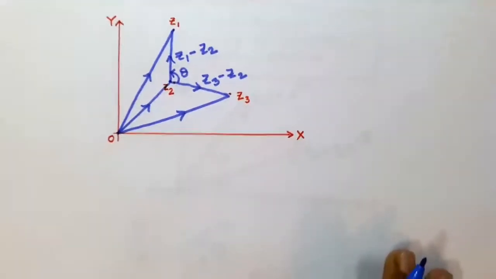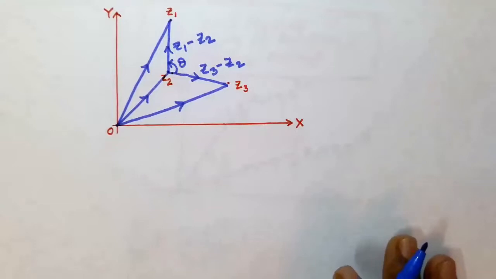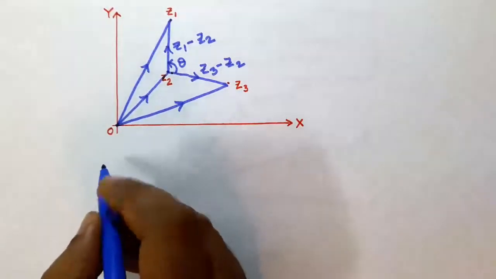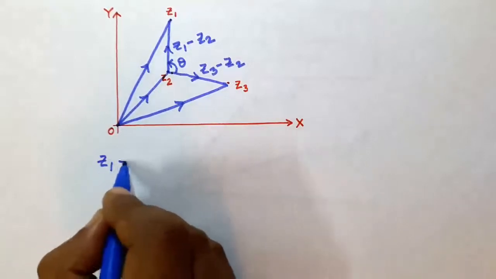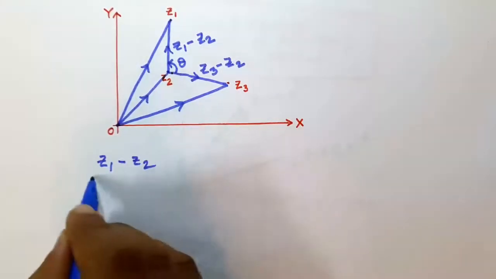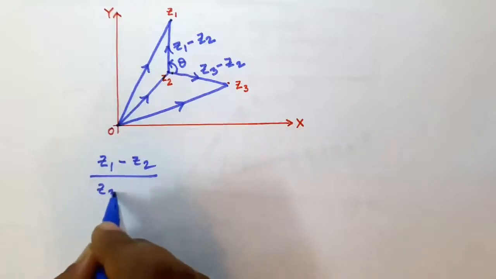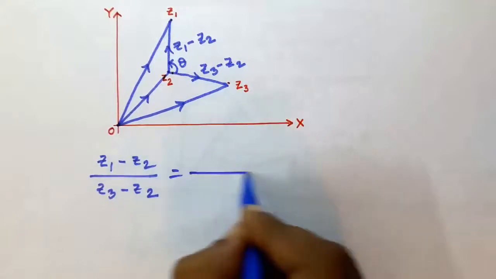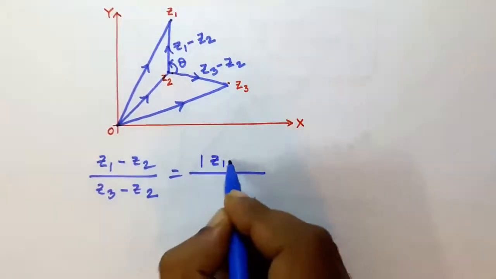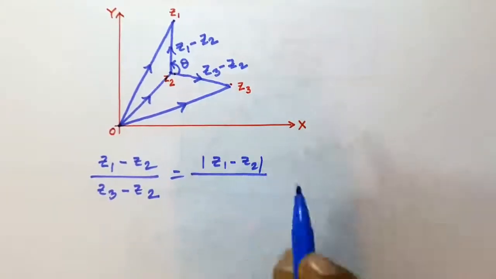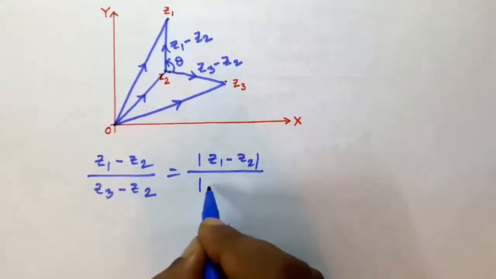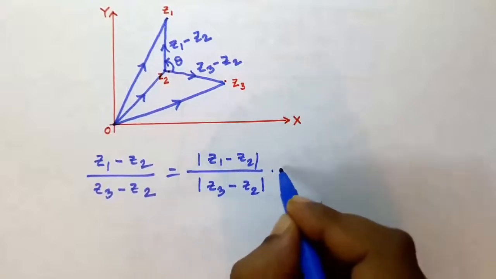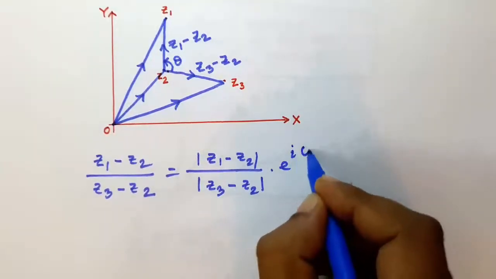Now using the previous concept, the rotation in this figure can be written Z1 minus Z2 divided by Z3 minus Z2. That is equal to modulus of Z1 minus Z2 divided by modulus of Z3 minus Z2 into e to the power I theta.